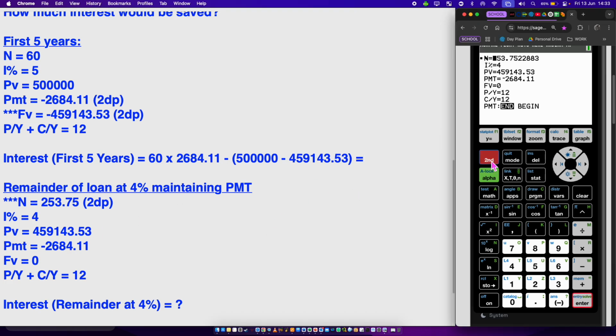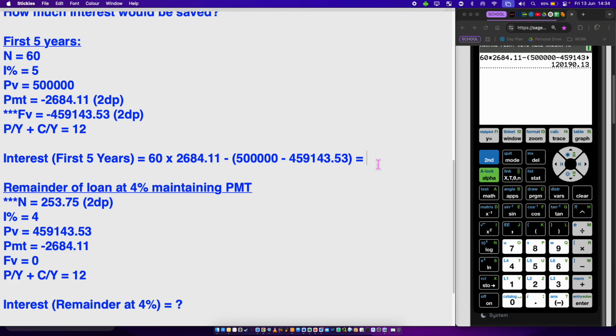So how much interest did I pay in the first 5 years? All right, first 5 years, I paid $120,190.13 in interest.